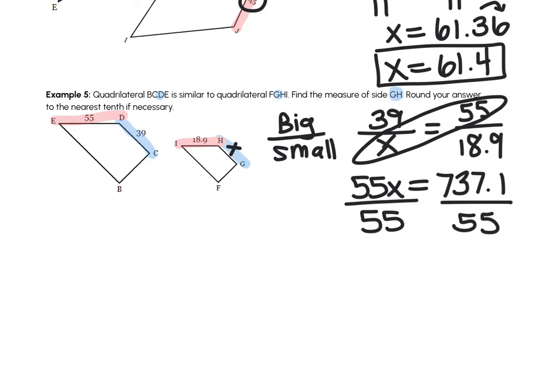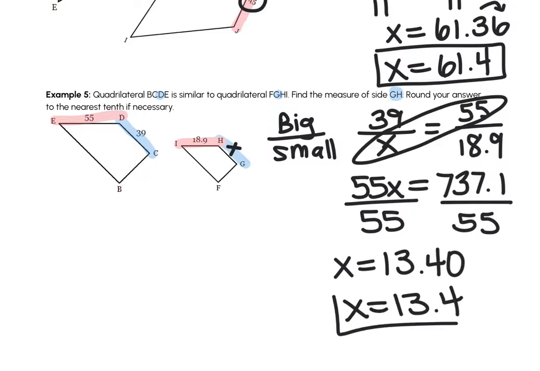Again, I get a decimal, and I'm going to round my answer to the nearest tenth. I get 13.40. The 0 is not going to bump up that 4, so just 13.4 as my final answer, rounded to the nearest tenth.